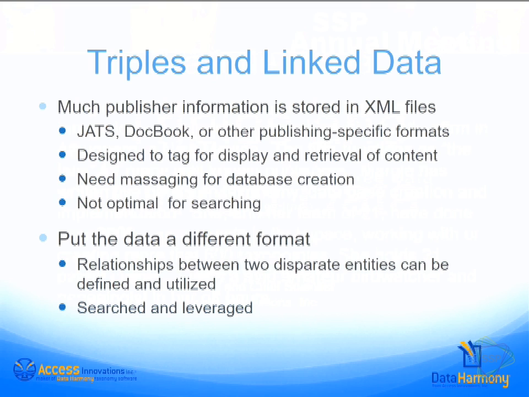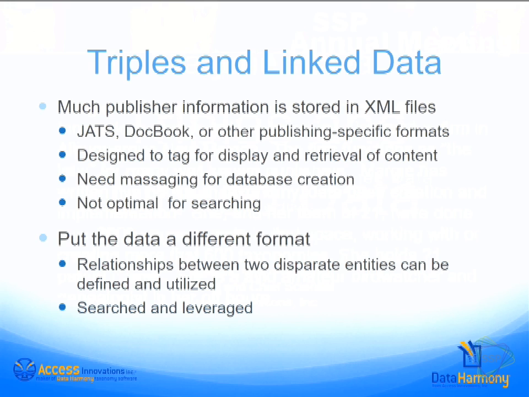So this is who I am. What I want to talk about then is this whole concept of taking the triples and linked data and putting things together, because many publishers have a great deal of their data stored in XML, whichever kind of XML they choose, JATS or .book or something else, EPUB and so forth.